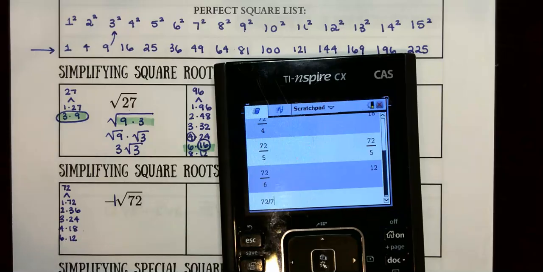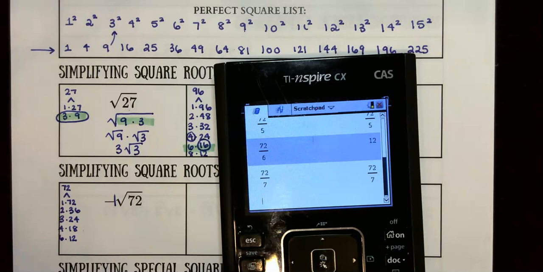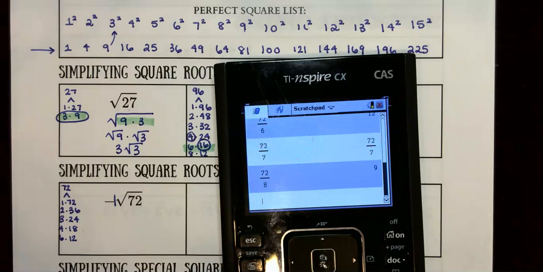72 divided by 7 does not go in. 72 divided by 8 gives 9. The reason I like to do this in this particular order is because this allows me to stop. Notice that the next number after 8 is 9, and 9 is already on this list.